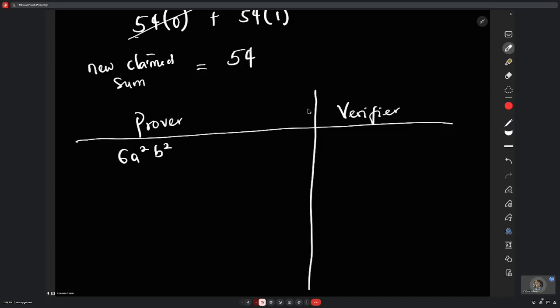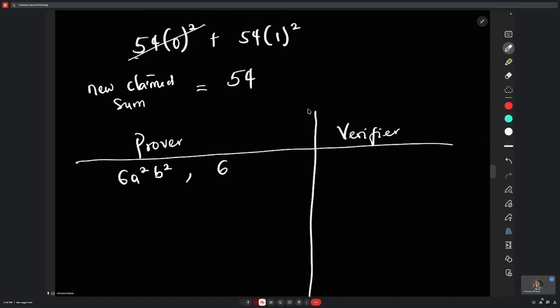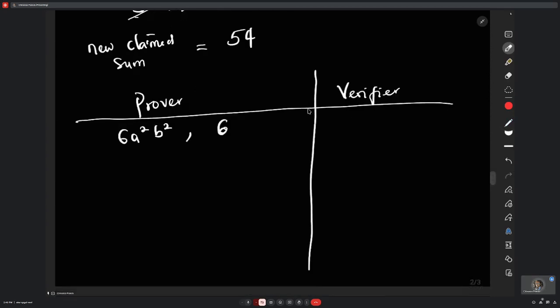And the prover says the claimed sum is 6, so he sends the claimed sum to the verifier and also sends the univariate polynomial, which is 6a square.